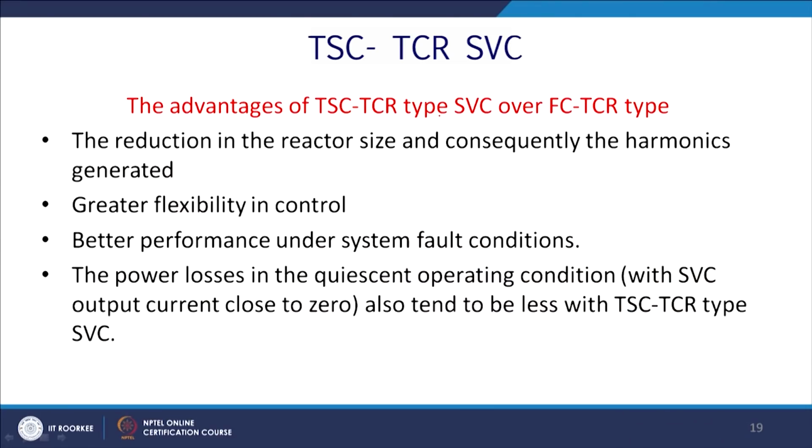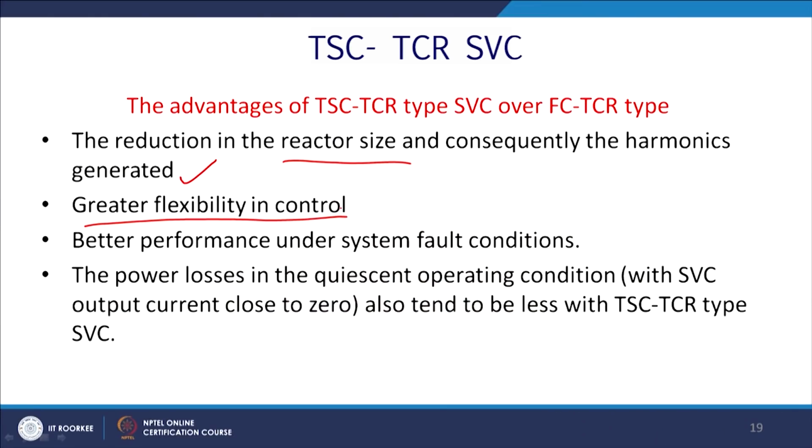So, coming to the advantages of the TCR type SVC. Of course, you have a fully controlled device, unlike the fixed and the mechanical control. There is a reduction of the reactor size, because you can play around a little bit with the modular type, though consequently harmonics are also generated, and we need to suppress the harmonics. It has greater flexibility of control, precision can be set by the TCR, and better performance under fault condition, because you can switch it off or switch in the impedance to damp out the oscillation.